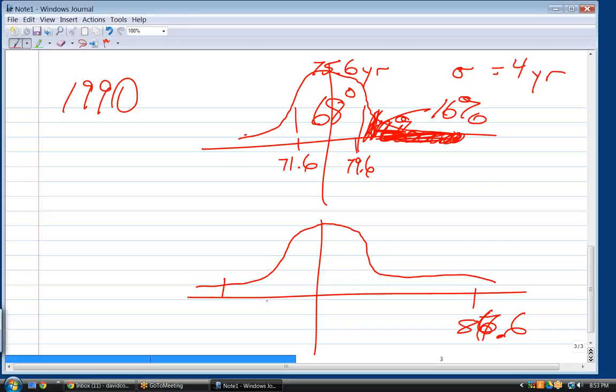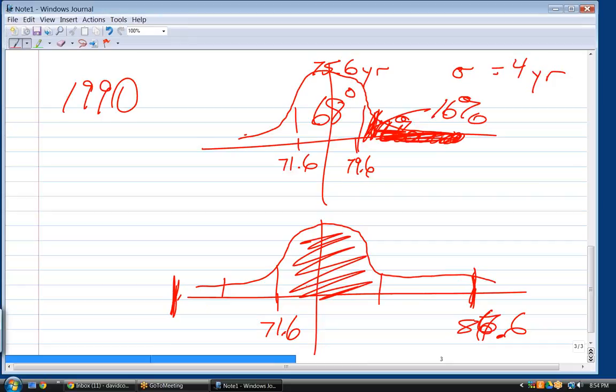You said between 71.6? Yeah. Okay. Well, we know that it's at least 68%, right? This area, 68%. Yep. And is 99.7 the third key number, or is it 99.8? Do you know? I think it's 99.7. Yeah, I think so too. So 99.7 would fall between this point and the equivalent point on the low side.